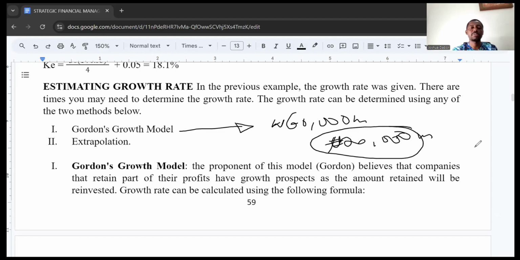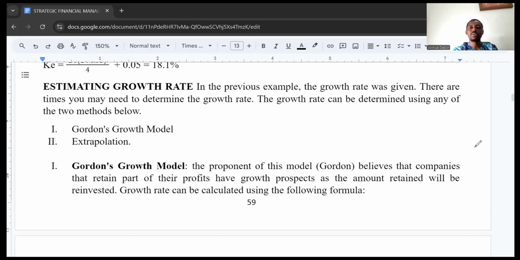But there are times if your examiner gives you a different reinvestment rate, however, you may want to use that. But the assumption is that every money that is being reinvested into the company will be reinvested, and the return on that amount will be based on the cost of the company's fund. So if you see a situation like this where there is retention, then you know that you need to calculate growth.